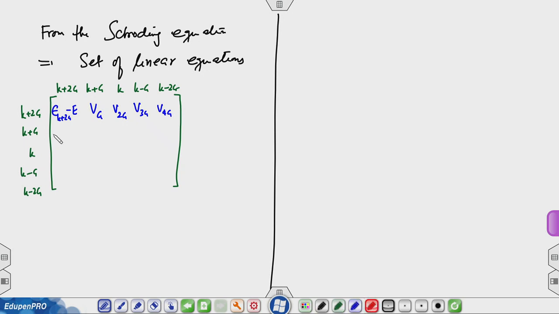The next line gives minus V of minus g, epsilon k plus g minus E, V of g, V of 2g, V of 3g.